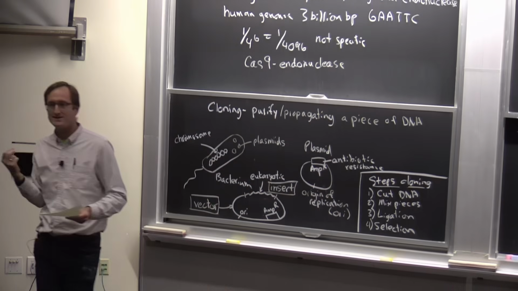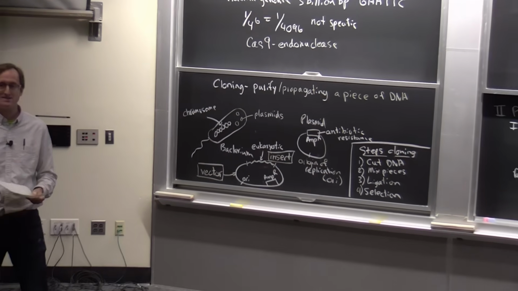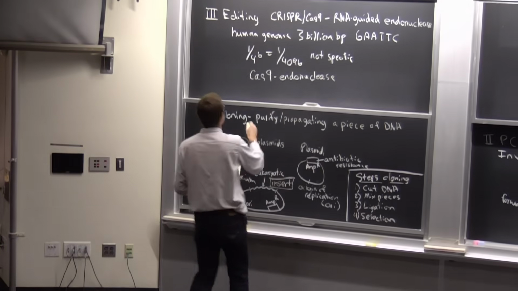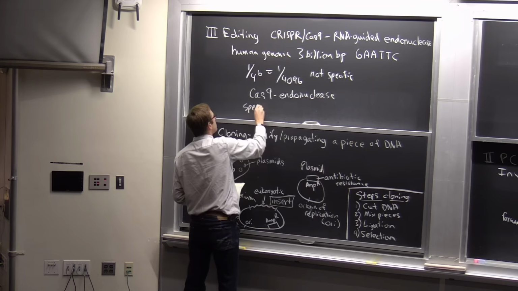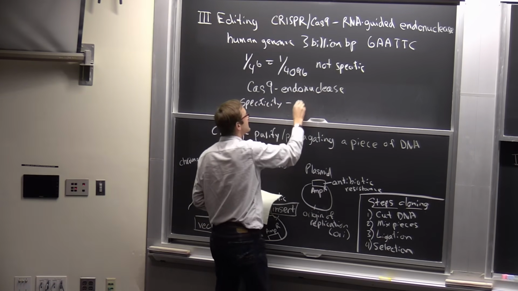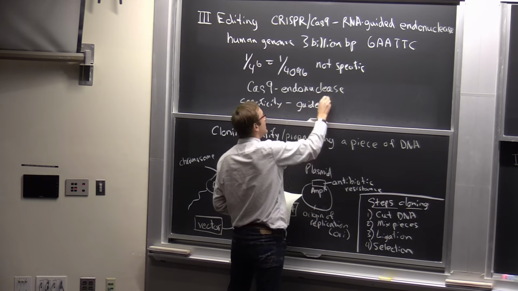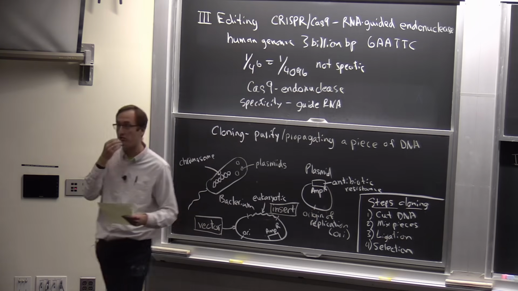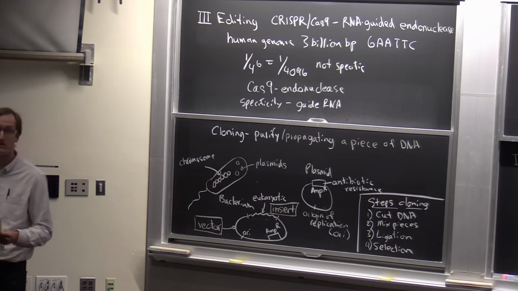But its selection of a target depends on an RNA molecule that it's bound to. So the specificity comes at least in part from what's known as a guide RNA or single guide RNA. That's what's most often used in genome editing.